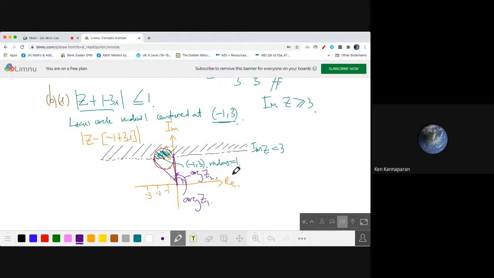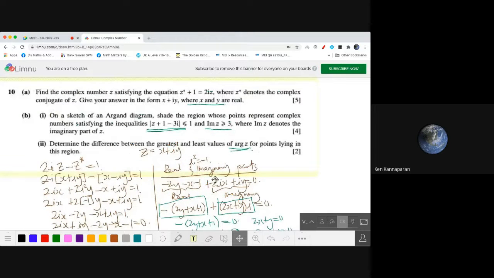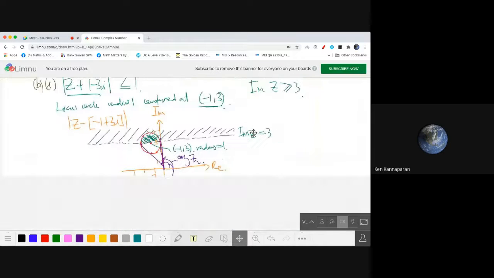This is the least. You cannot have anywhere else because the question says in the region. Argument means angle. That's the highest angle that you can go, and the least will be up to the y-axis, since they want it within the region.